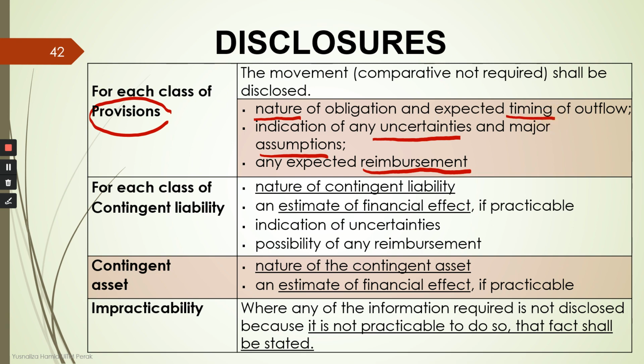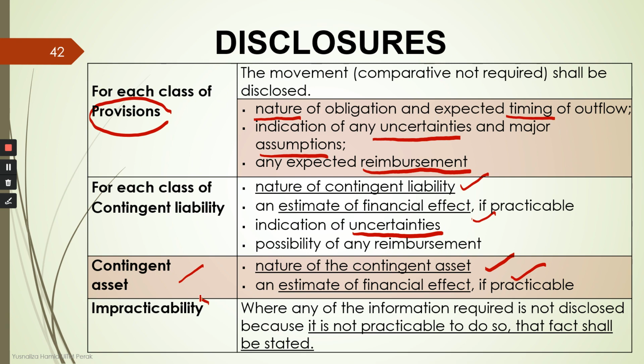For contingent liability, what are the nature and the estimate of the financial effect if that is determinable or practicable to determine, or maybe any indication of further uncertainties. For contingent asset, you also need to disclose the nature of the contingent asset and the estimates of the financial effects, if that is practicable.